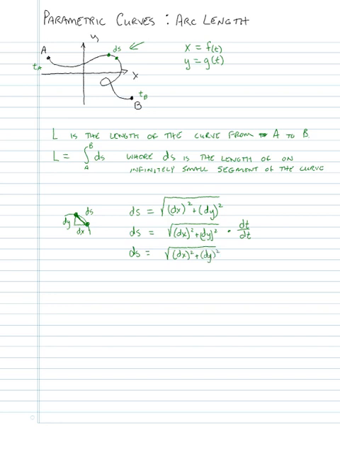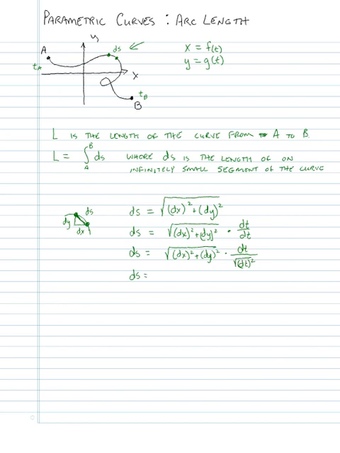it's a dy squared there. And I'm going to write that as the square root of dt squared. So I still have dt over dt. Now furthermore, I have a square root times a square root.